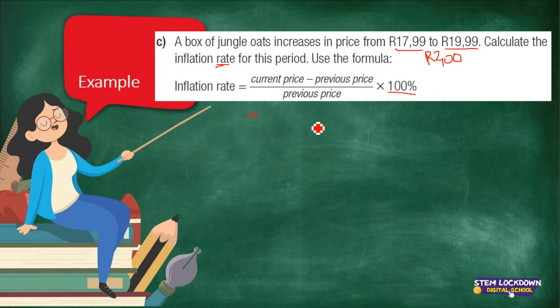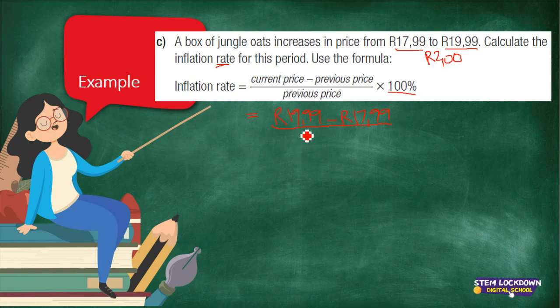Okay. So now all you do, you need to substitute correctly. Current price. What is the price now? The price is now 19 rands 99. Previously, what was the price before the increase? The previous price was 17 rands 99, right?